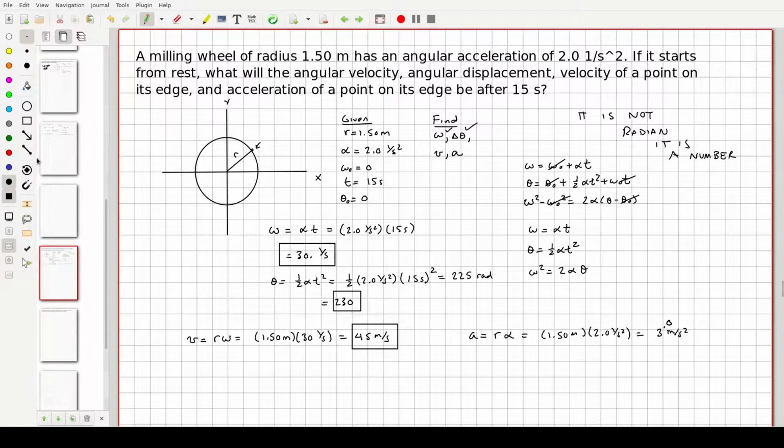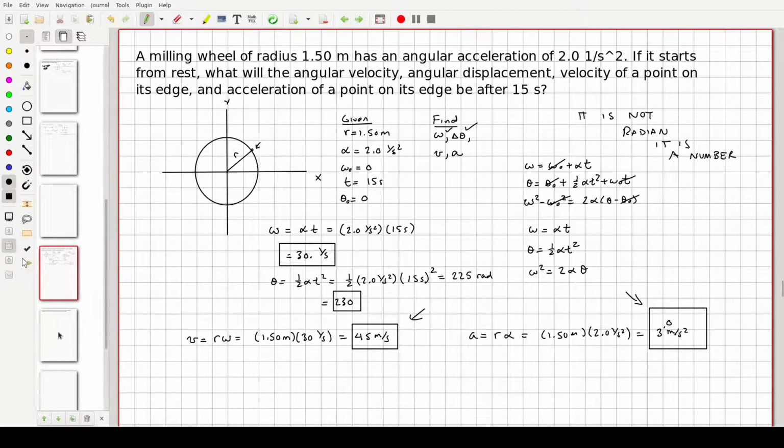So 3.0 meters per second squared. So not bad. Really, the only new stuff that you have to deal with, if you're presented with the situation of even having to deal with it, is going from the angular stuff to this tangential stuff.